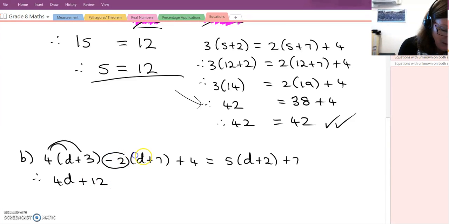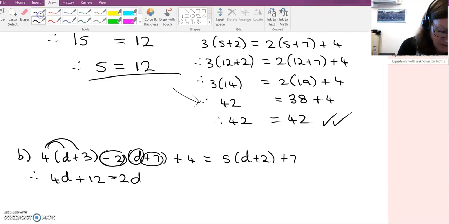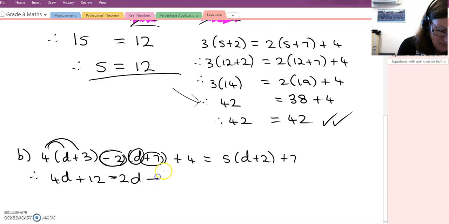Then this times by this, minus 2D. This times by plus 7, negative and positive is negative. So I've expanded the brackets, then there's adding 4 on at the end.